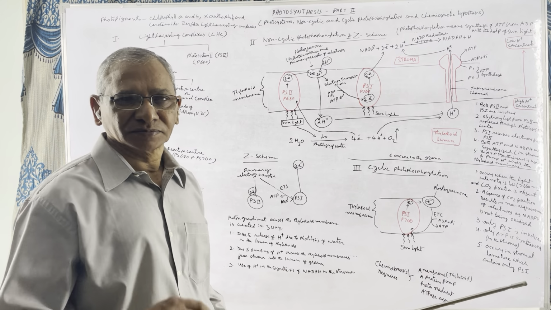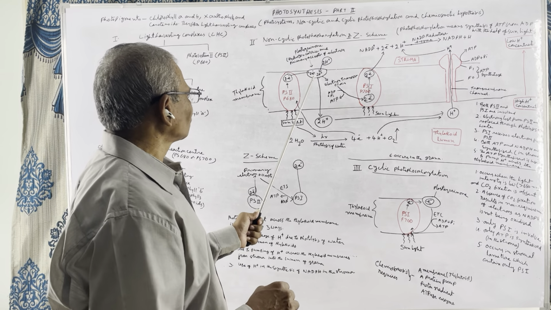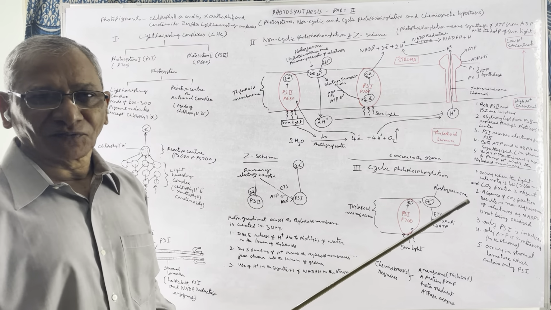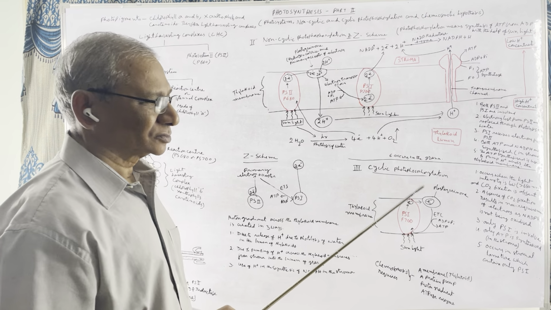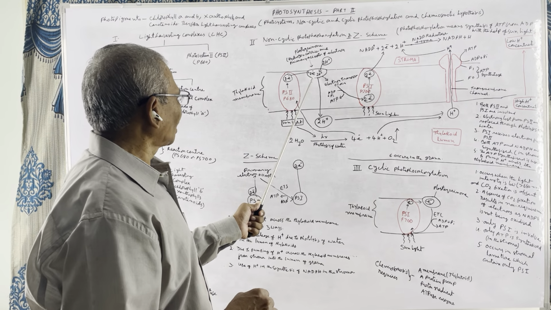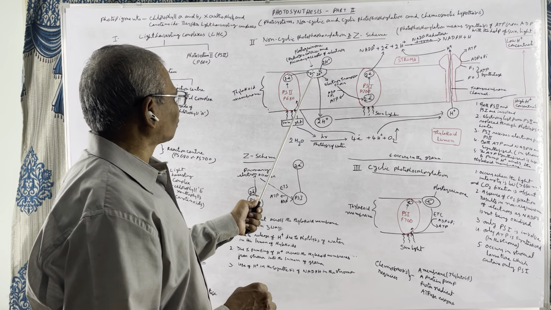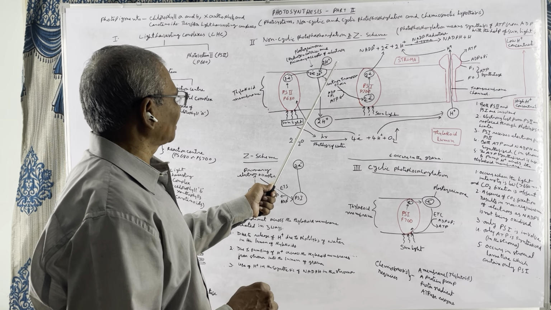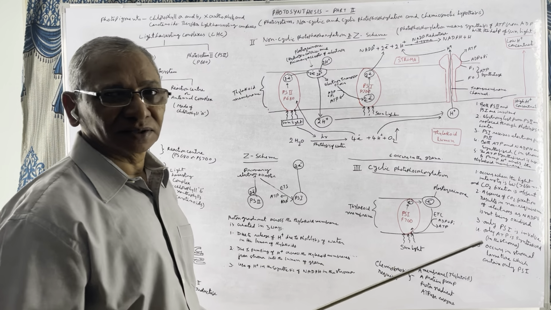This is one way. Second thing, I have told you about plastoquinone. It is mainly meant for hydrogen ion transport. Along with hydrogen ions, it also transports electrons. So, for every 2 electrons it transports, it brings 2 hydrogen ions from the stromal cavity into the thylakoid lumen.